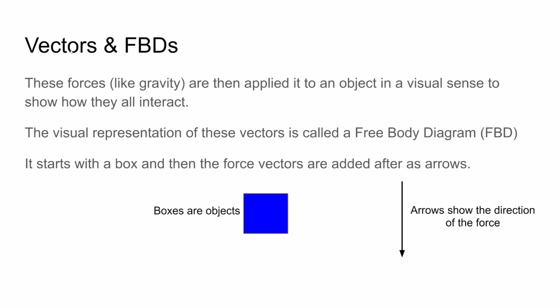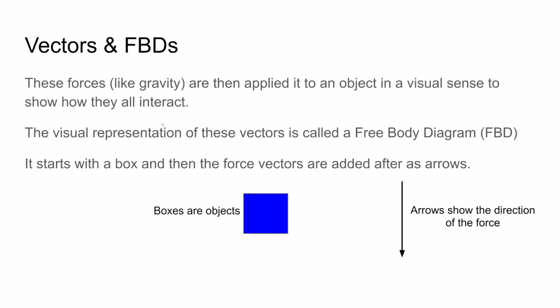And I'll be going through that here with you. So, vectors and FBDs. Okay? FBDs stands for free body diagram. These forces that we just talked about, like gravity, are all applied to an object in a visual sense to show how all these forces interact.